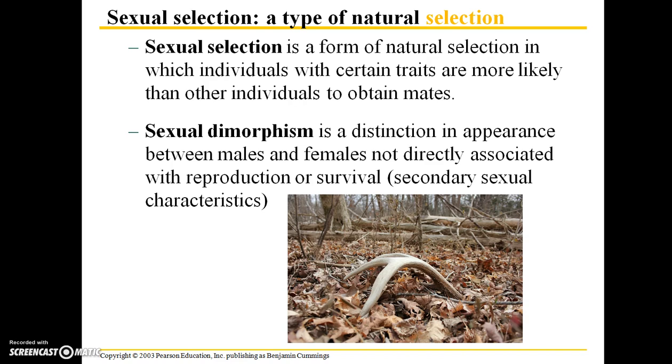So these indirect characteristics would be known as secondary sexual characteristics. So they are not, for example, sexual organs that are directly responsible for reproductive capabilities that are different between sexes, but they're things such as antlers in male deer, for example.